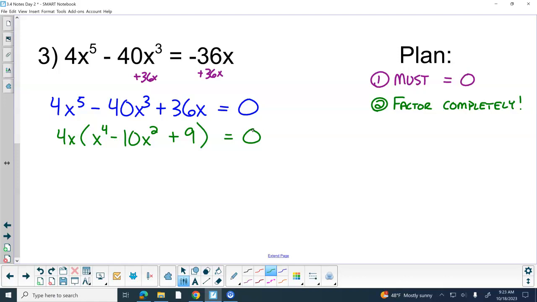Two numbers that multiply together to be positive 9 and add to be negative 10. What do you got? Negative 1 and negative 9. So then this would become 4x times x squared minus 1 and x squared minus 9.